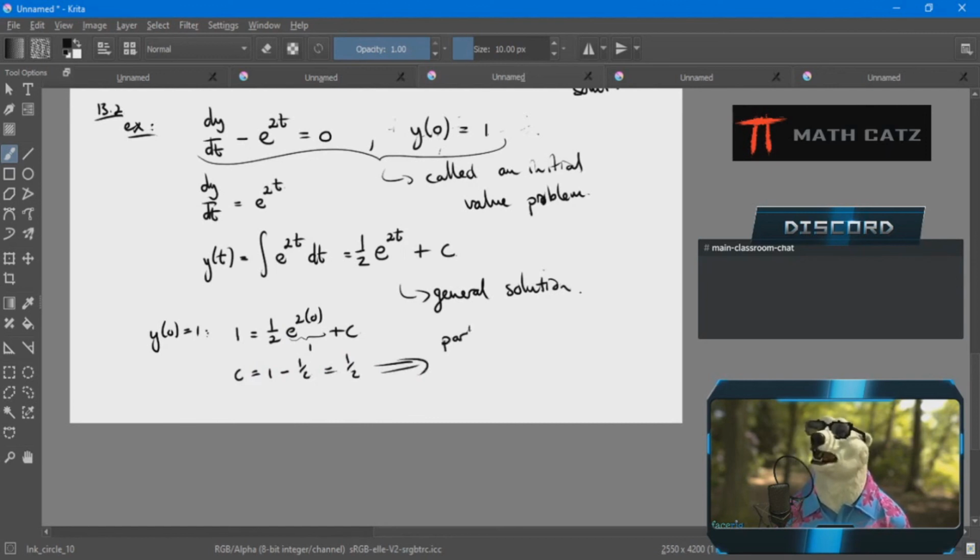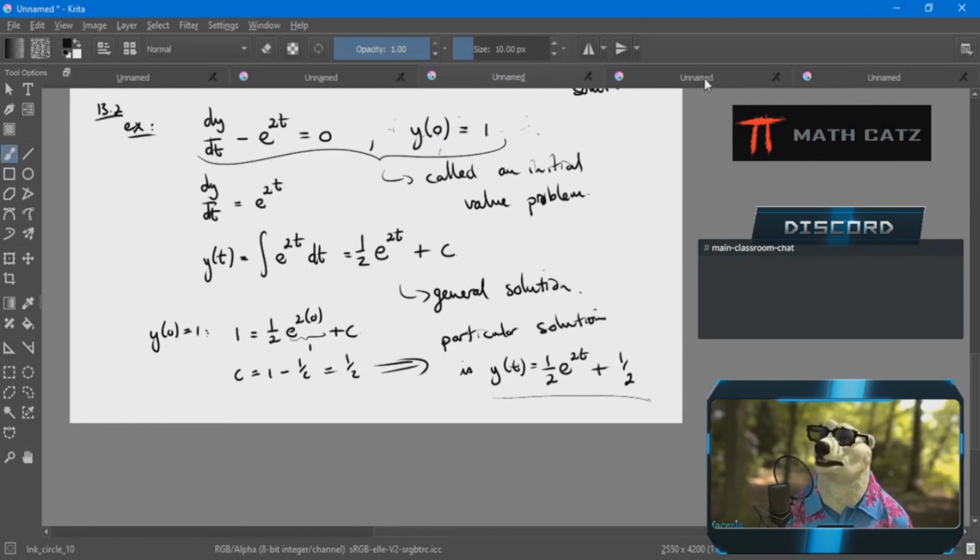So that means my particular solution is y as a function of t, 1/2 e to the 2t plus 1/2. Now I know specifically which one. This is a solution to the initial value problem, which has the differential equation giving me my general solution and some extra information, which is just a point. It can be at 0, can be anywhere else, doesn't matter, allowing me to find the particular solution.